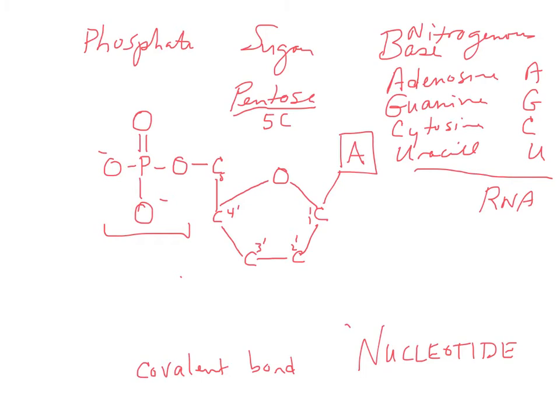On the 2' position on an RNA molecule, RNA stands for ribonucleic acid. And so what it means is that on this carbon there is a hydroxyl group. So on the 2' carbon there's a hydroxyl group. And interestingly, on the 3' carbon there is also a hydroxyl group.